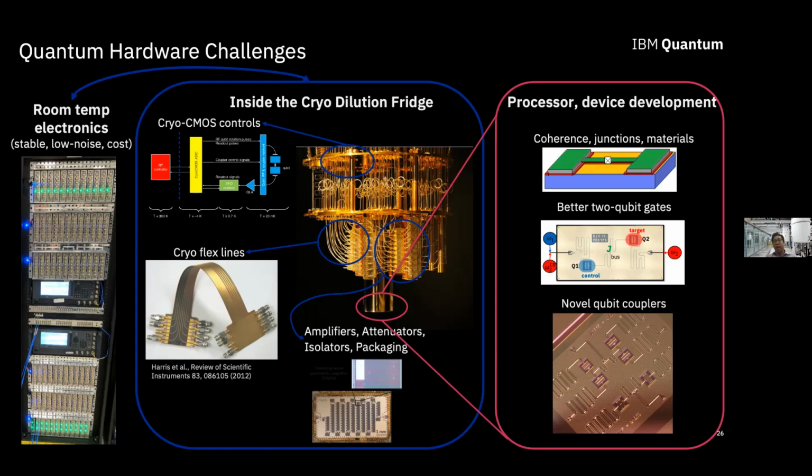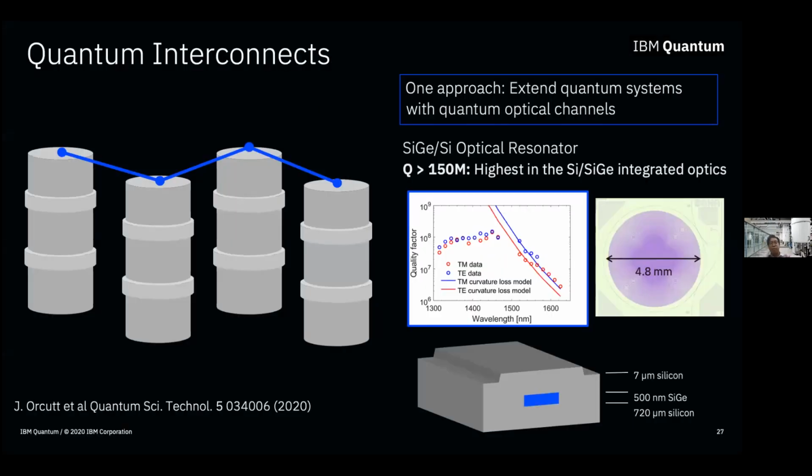And then even looking beyond, I think a critical thing is building in modularity and the concept of interconnects, right? And so certainly one approach that is very enticing in the community as to how we extend quantum systems is using, say, quantum optics.